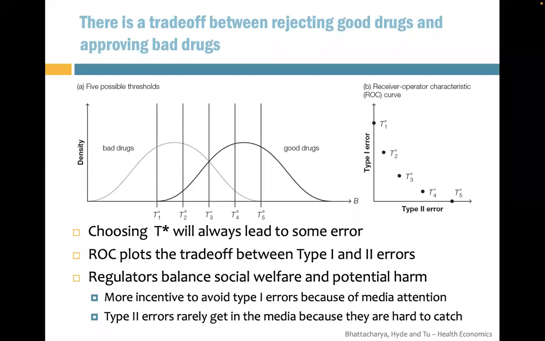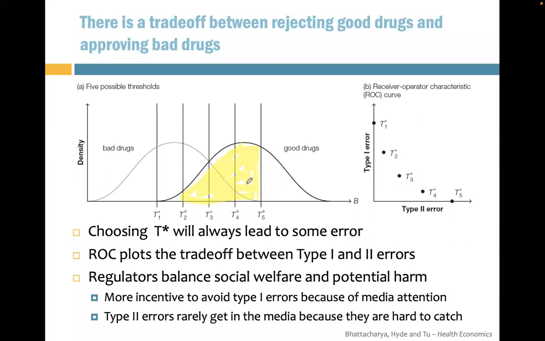The problem here is that we might miss a lot of good drugs, and the probability that we miss any good drug is on the left-hand side of this T5 star. Okay, so is this yellow area?